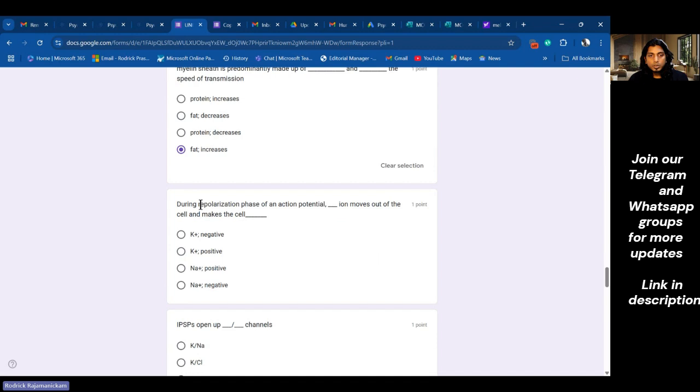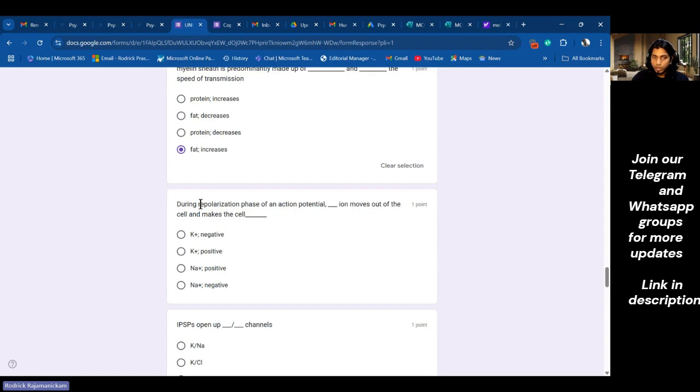So during the repolarization phase, which is after the peaking of the action potential, by the time it peaks, potassium has already moved out to some extent, but there is still potassium, and sodium rushes in. This is what leads to the action potential happening. And during the repolarization, it becomes even more negative by all the potassium moving out.